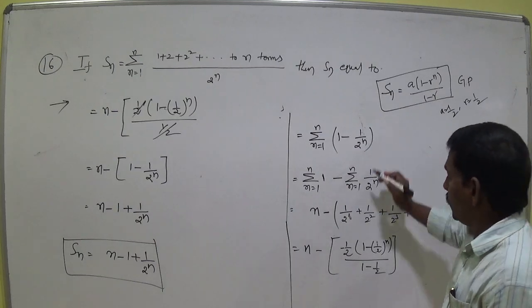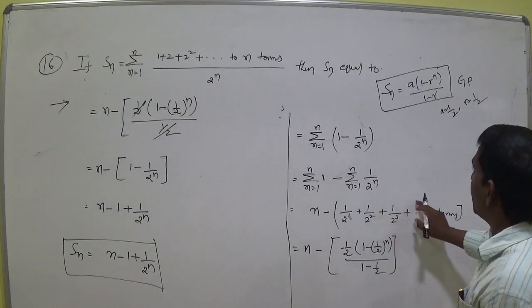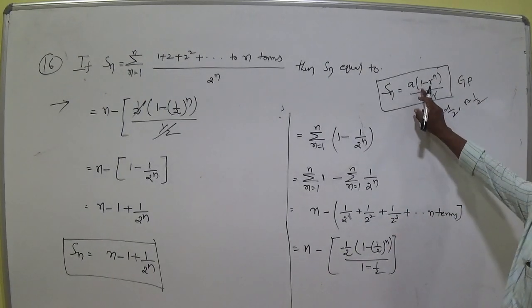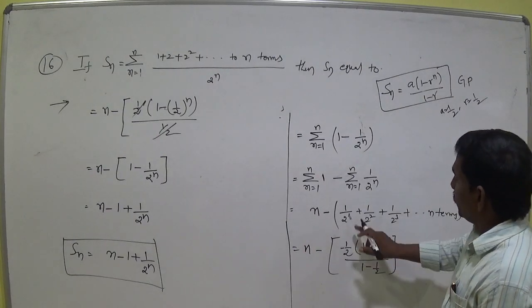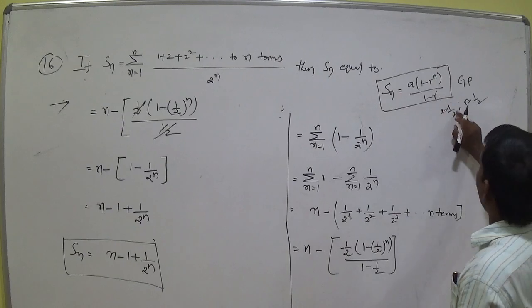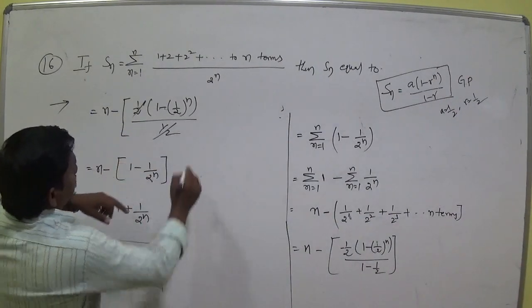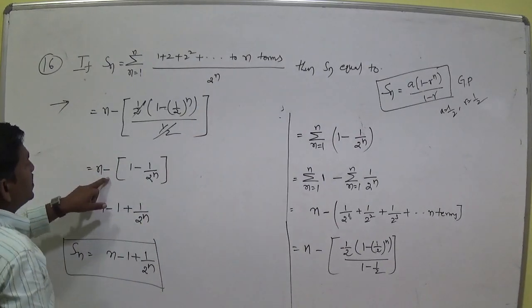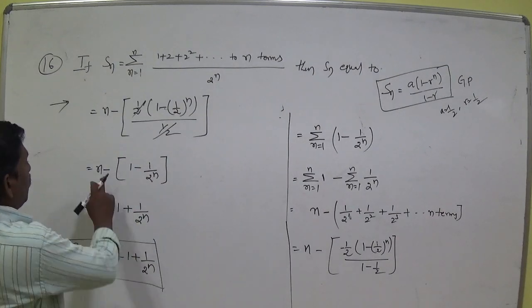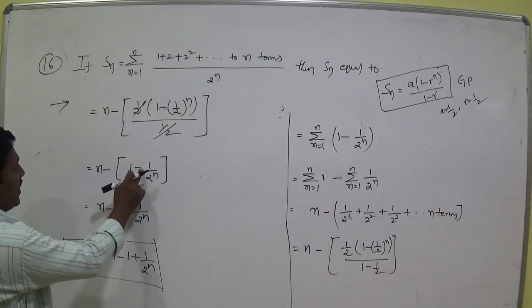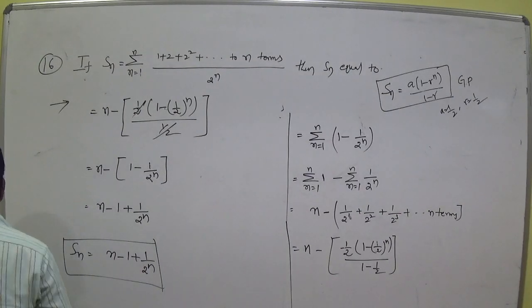After simplification, here also we got the sum of n times, so again we use Sn equals A into 1 minus r power n by 1 minus r. Here A means 1 by 2, r is also 1 by 2. By simplification we got n minus of 1 minus 1 by 2 power n, minus into plus is minus, minus into minus is plus. So finally we got n minus 1 plus 1 by 2 power n.